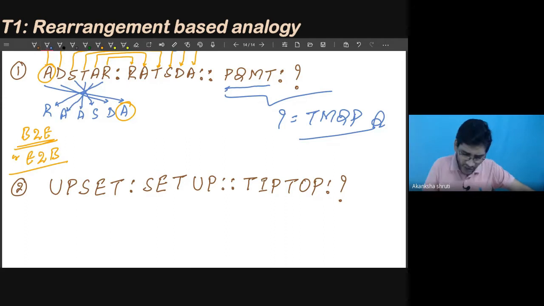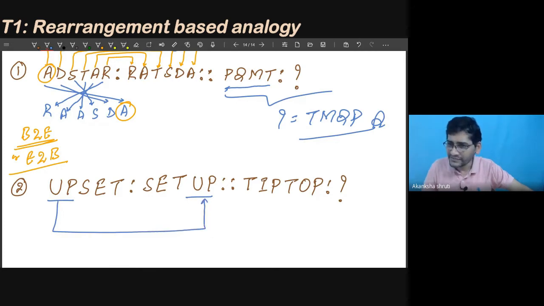So here we are observing that UP and UP, these 2 are copied as it is at their end. Okay, but coming to this SET and SET is also copied at their end, means in 2 parts.